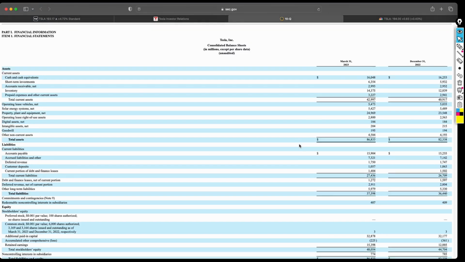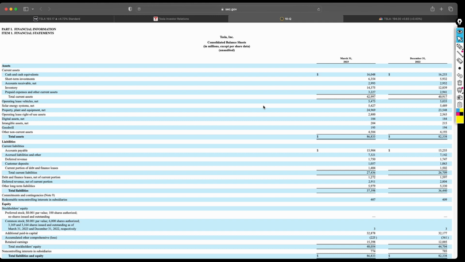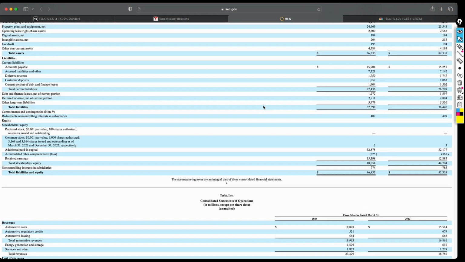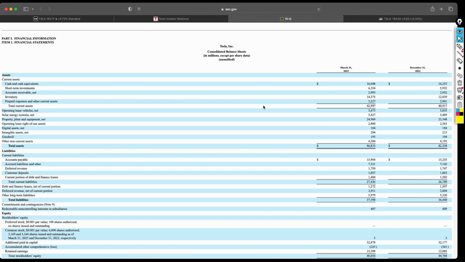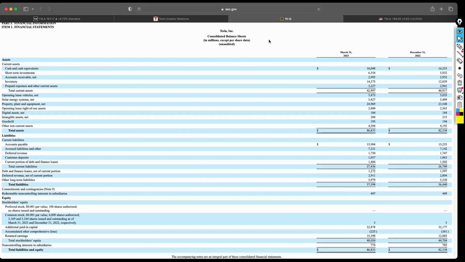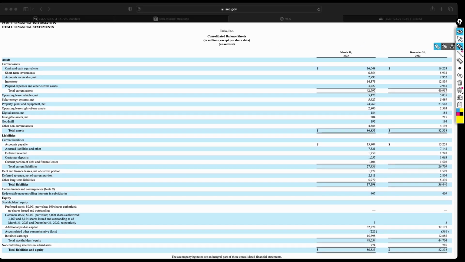So for a start, we are looking at the balance sheet, because the balance sheet tells us about the status or the nature of that business. We need to understand how the company is doing in terms of assets and liabilities. So now when we look at here, we're going to start with the revenue.